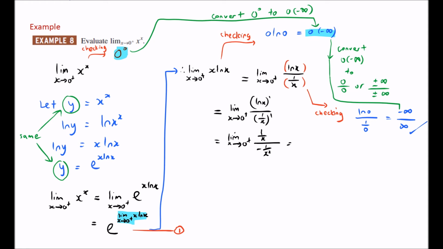After you use L'Hopital's Rule, you get the limit as x approaches 0 plus of minus x. Of course this one will give us 0. So you say this is 2. So what do we get here? Therefore, this is actually the power, so we sub 2 into 1.